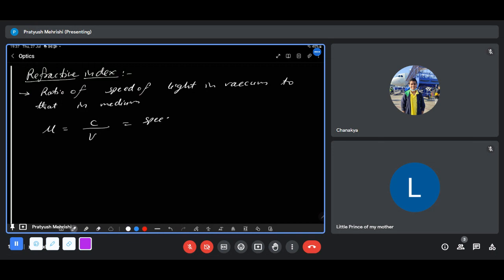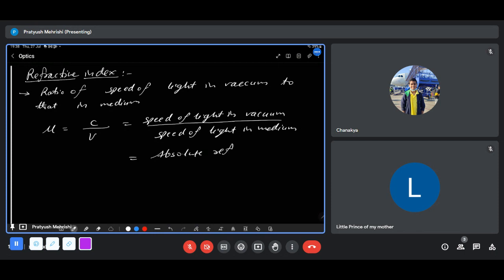This is the speed of light in vacuum divided by the speed of light in medium. This is nothing but the absolute refractive index.